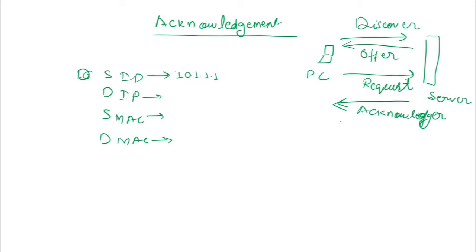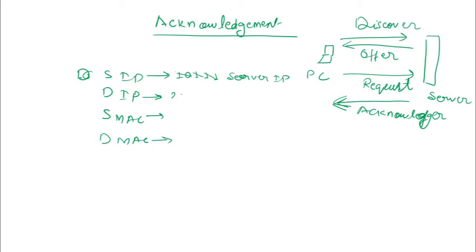The first important part is that the communication is happening from the server to the PC, right? So the source IP will be of the server IP. And again, the destination IP, although it is sending an acknowledgement, but still that PC has to receive that information. So we will not use the IP address what the PC has requested for.